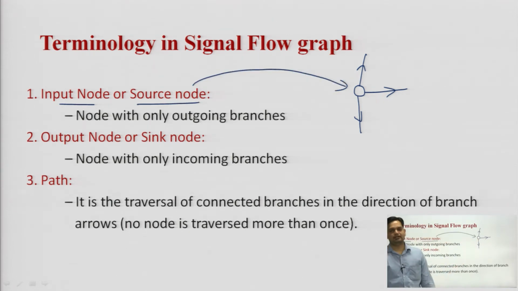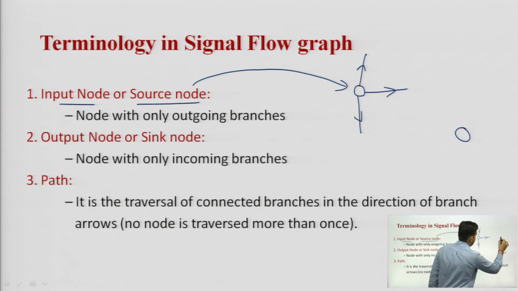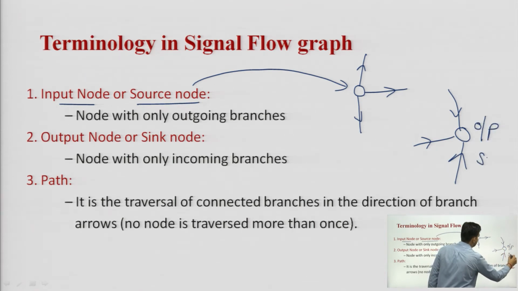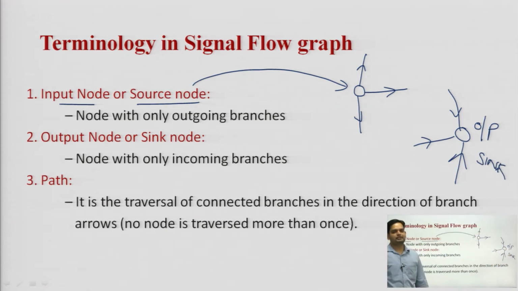And the second is the output node, or sink node. Whenever we have a node which receives all incoming branches, that may be a summer point or takeoff point, we can say this is the output node or sink node, because all the signals terminate at this node.